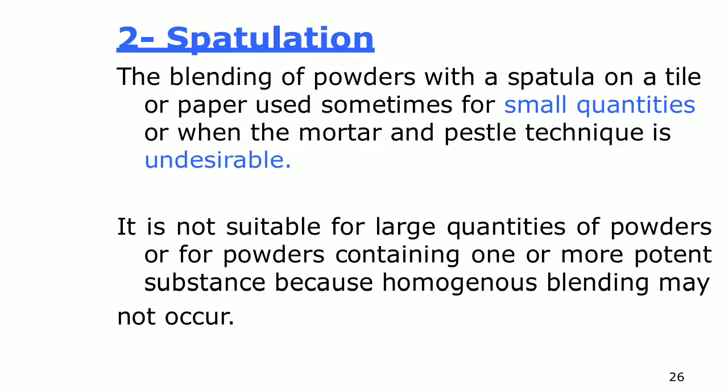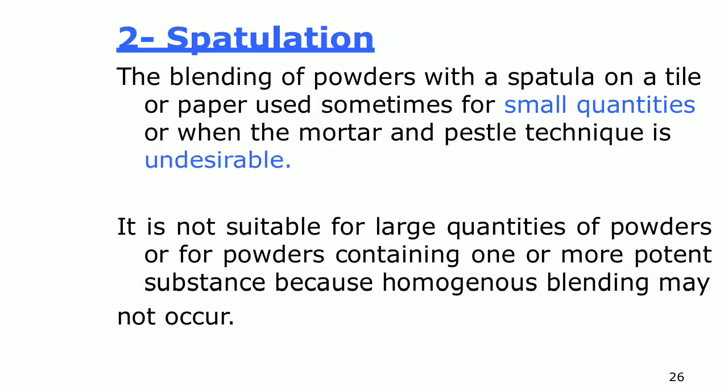It is not suitable for large quantities of powders or for powders containing one or more potent substances, because homogeneous blending may not occur. Mixing of a powder is done by spatula on a sheet of paper or porcelain tile. Uses: first one is mixing a small amount of powder, then solid substances that liquefy or form eutectic mixture.